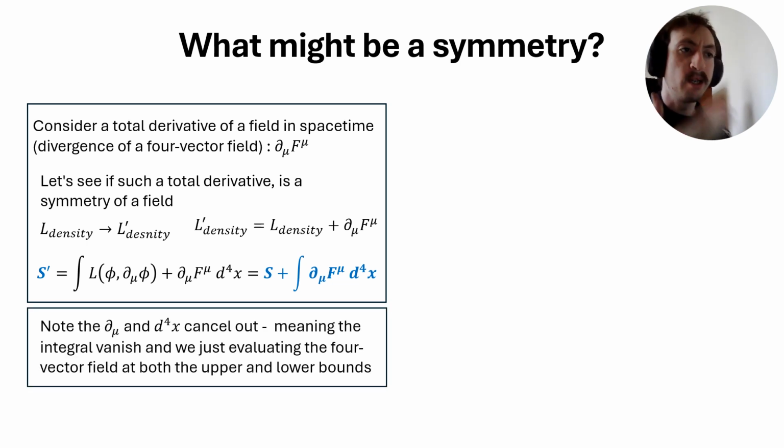And a similar thing applies if we're dealing with space-time, providing the partial derivatives as partial derivatives over all our space-time coordinates. And we're integrating over all our space-time coordinates. The integration and differentiation cancel each other out.